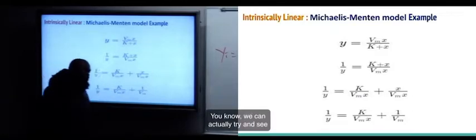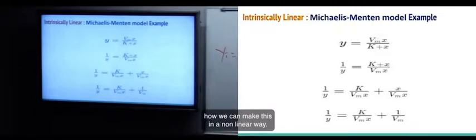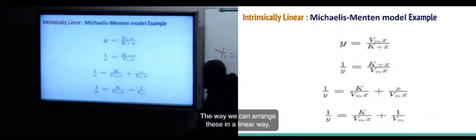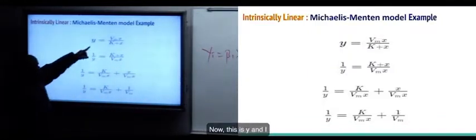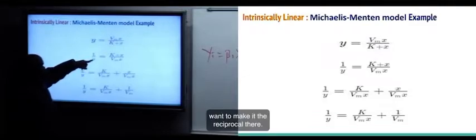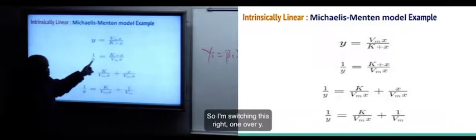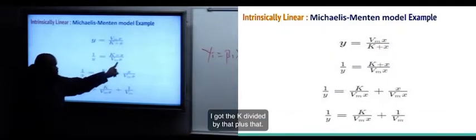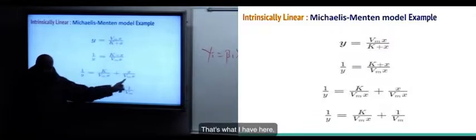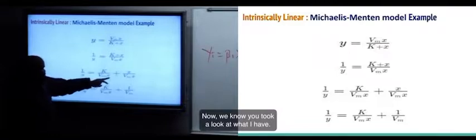But do you know we can actually try and see how we can make this linear? Let's take a look at the way we can arrange this in a linear way. If this is Y and I want to take the reciprocal, then I'm going to switch this, right? Get a 1 over Y. Now, (K plus S) divided by this, I can write as K divided by that plus that, that's what I have here. Now take a look at what I have.